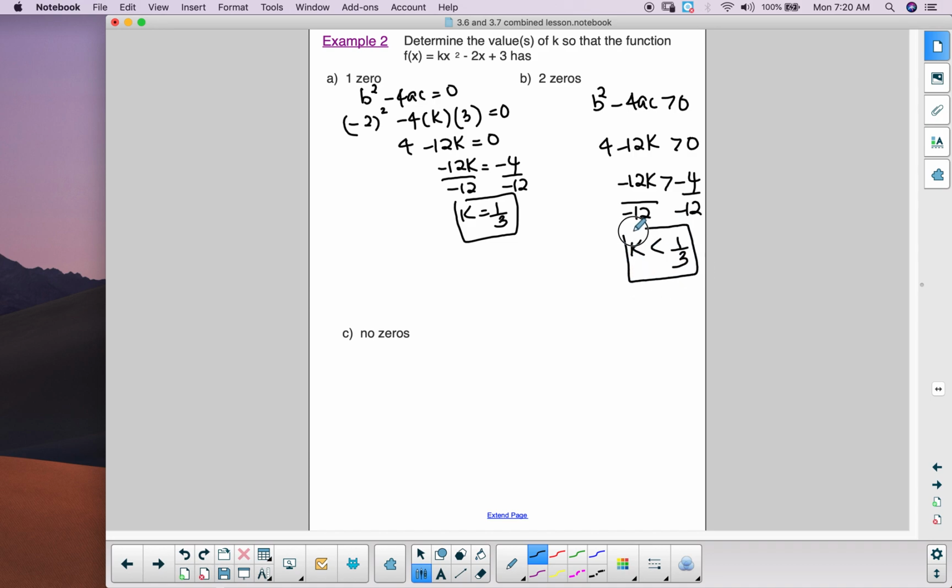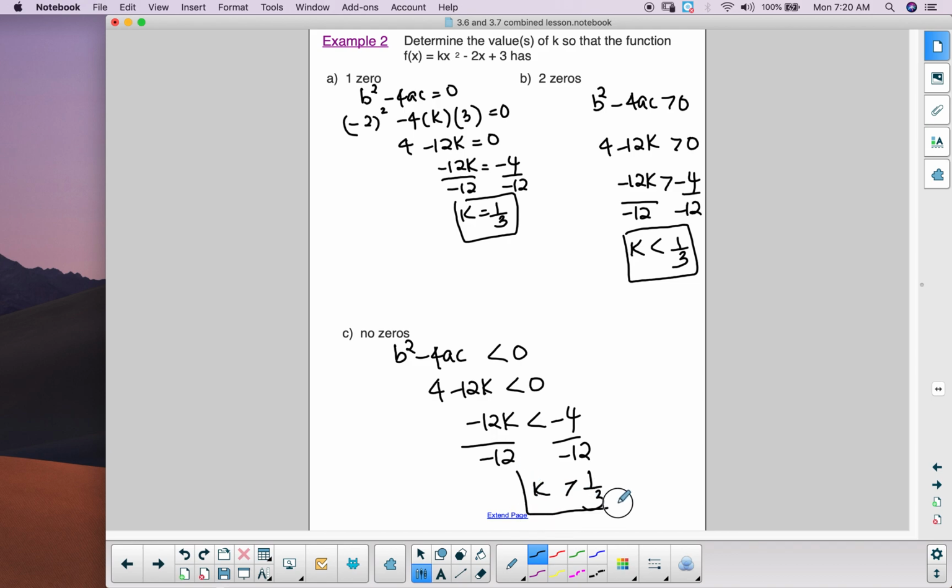So any value of k less than 1/3 will satisfy this. And when there are no zeros, that means the discriminant, b squared minus 4ac, should be less than 0, which means 4 minus 12k is less than 0, or negative 12k is less than negative 4. Divide both sides by negative 12, and you get k should be a value greater than 1/3. So any value of k greater than 1/3 will give no roots.